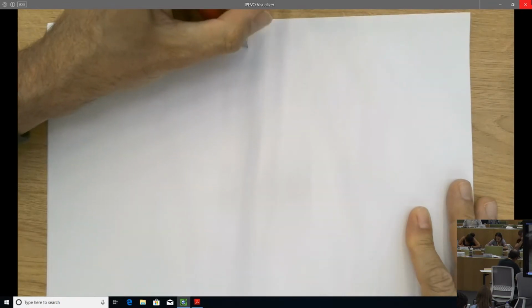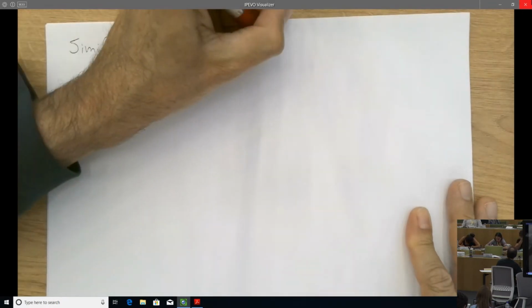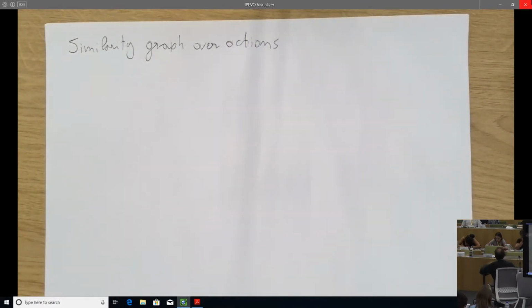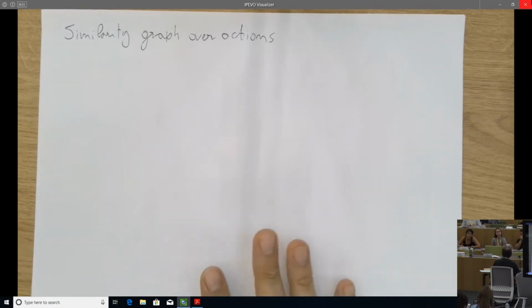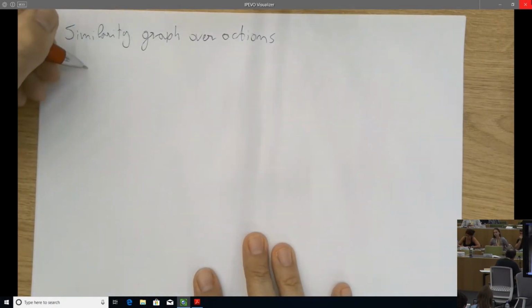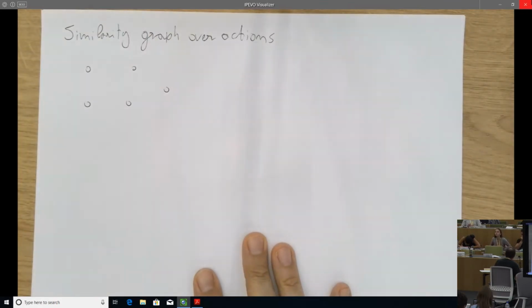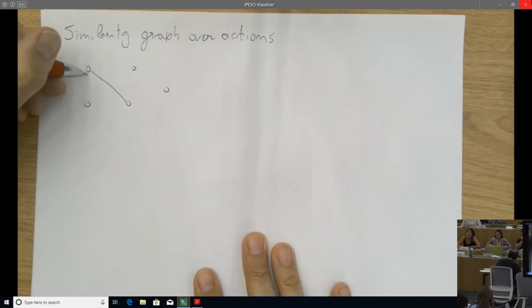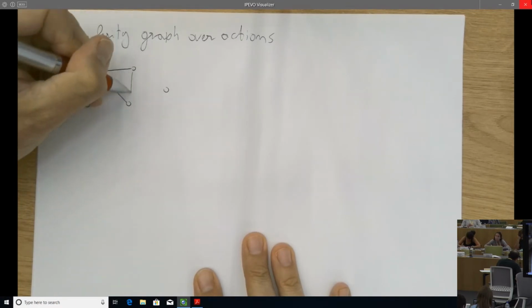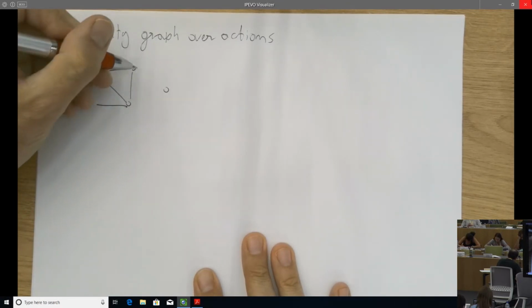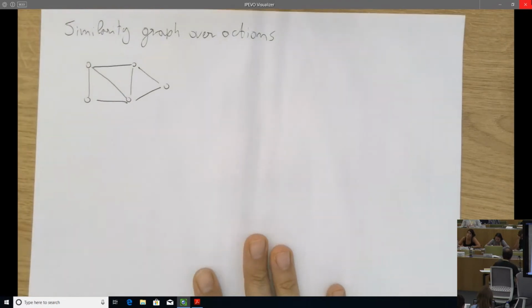over actions. These things exist, so Amazon has a similarity graph of products. So now you view your actions like, maybe you have some set of actions, and you have a similarity graph that is telling you that these actions are all connected by an edge. So edges indicate pairwise similarity. Okay?